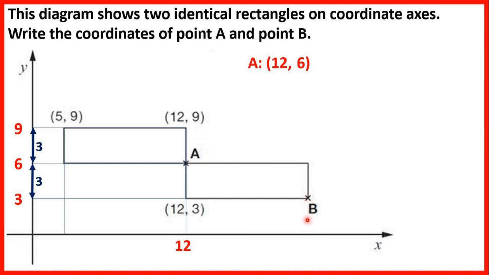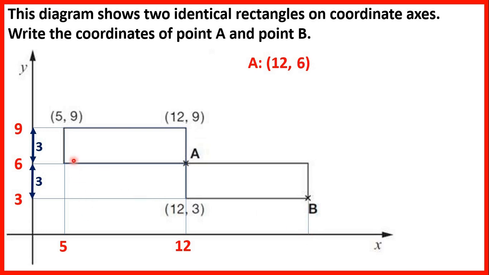We don't know what the x-coordinate will be. We know that here, for this line, if we go down, the x-coordinate is 5, because we have a 5 here. And we know that the x-coordinate here is 12, but we don't know the x-coordinate here. So how can we find out?